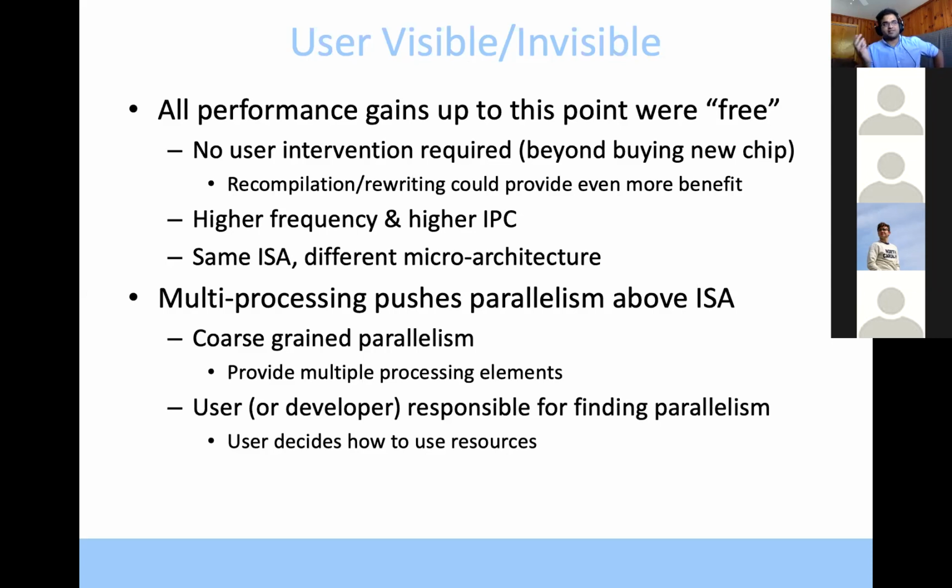By free, I mean if you wrote a piece of software and deployed it in, say, 95, and then you bought a new machine in 99 and ran the same software, with no recompilation, no rewriting, no anything, the program typically ran faster.